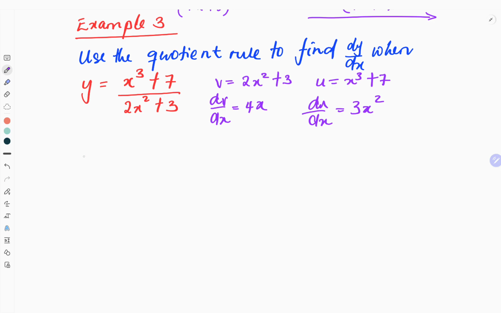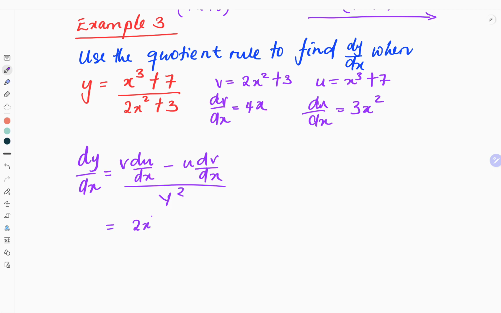Then remember the quotient rule, dy dx is equal to v du dx minus u dv dx, all divided by v squared.